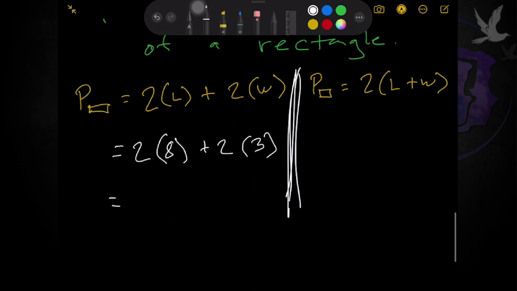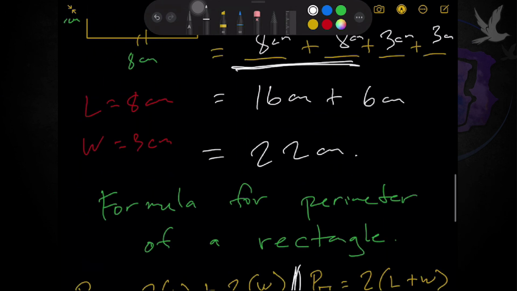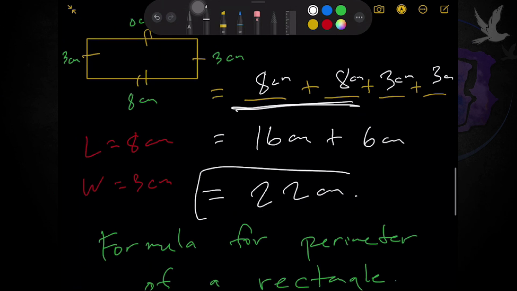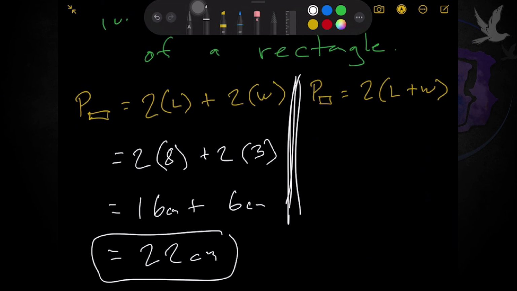So multiplication yan ha, whenever you have this open close parenthesis, it refers to multiplication. 2 times 8 will give us 16. 2 times 3 will give us 6. 16 plus 6, knowing our units are in centimeters. So 16 plus 6 will give us 22 centimeters. And if you notice, we have the same answer as this one. Okay? So parehas.